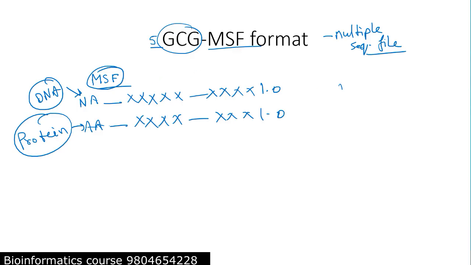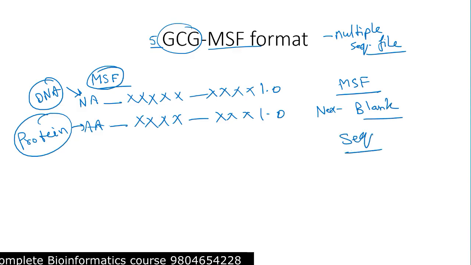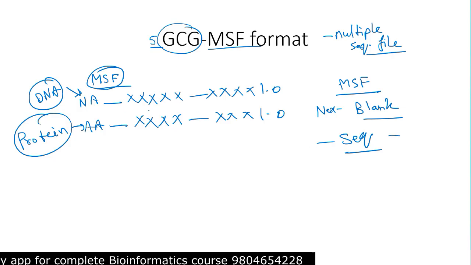So start with MSF on the first line, then the next line blank. Then the sequence follows. The third line is for the sequence separately, and the sequence follows the rule of GCG format.